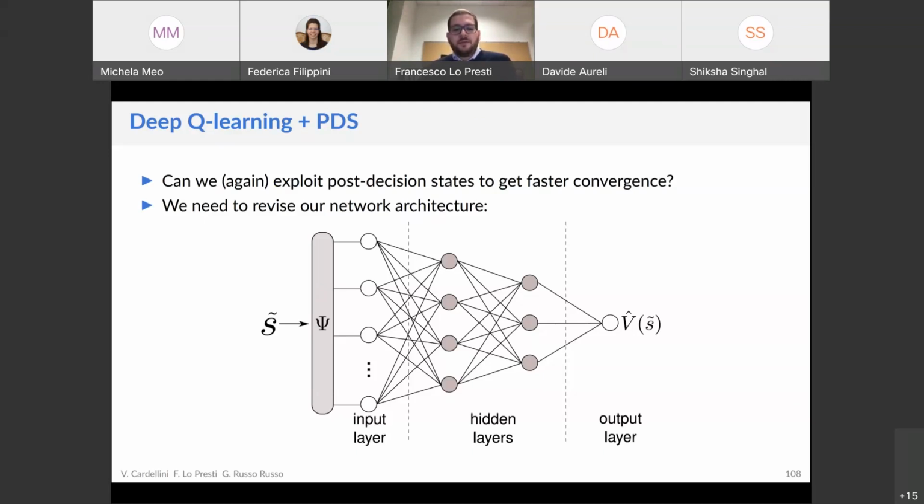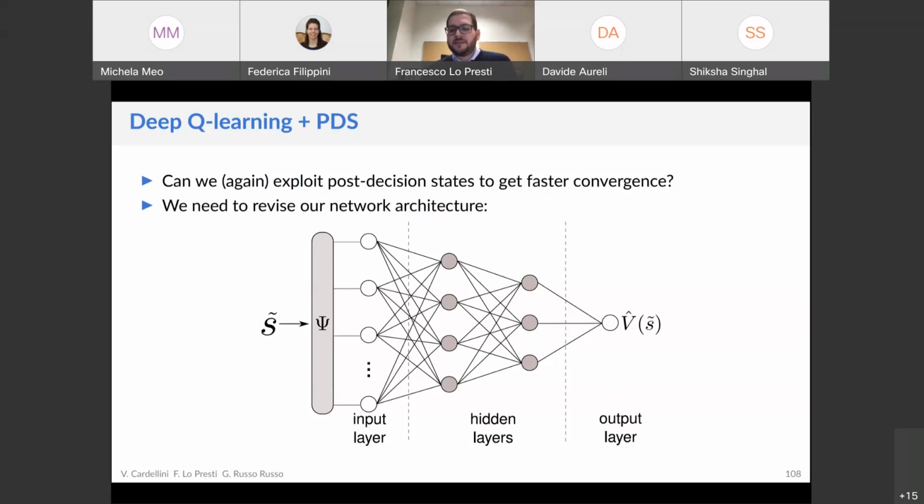To do so, we need to slightly revise our network architecture, because in this case, we want to approximate the PDS value function V. So the new network takes a PDS in input. So it is still a state, but now it represents a post-decision state.